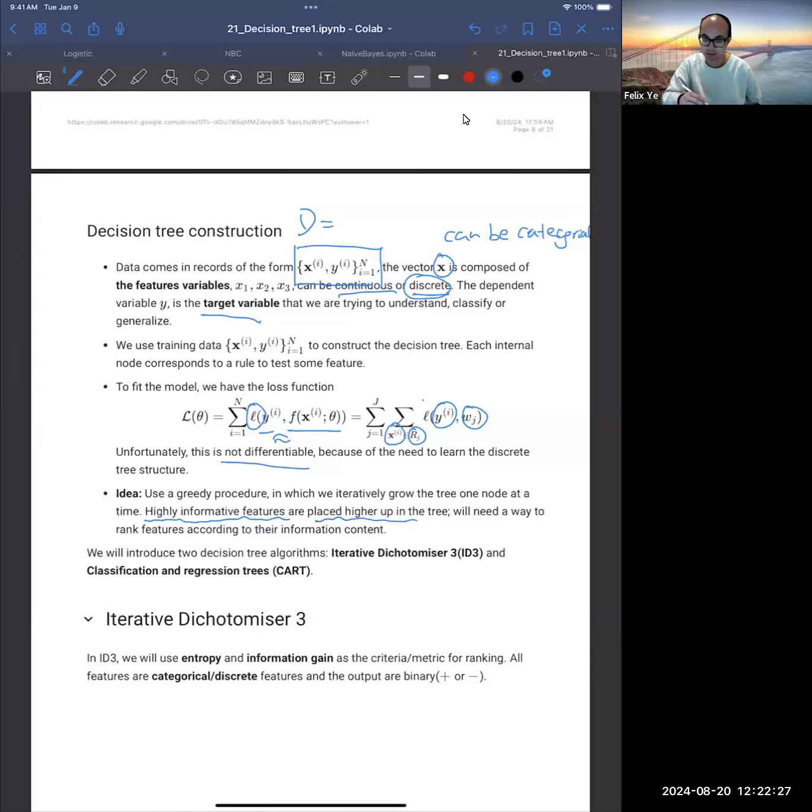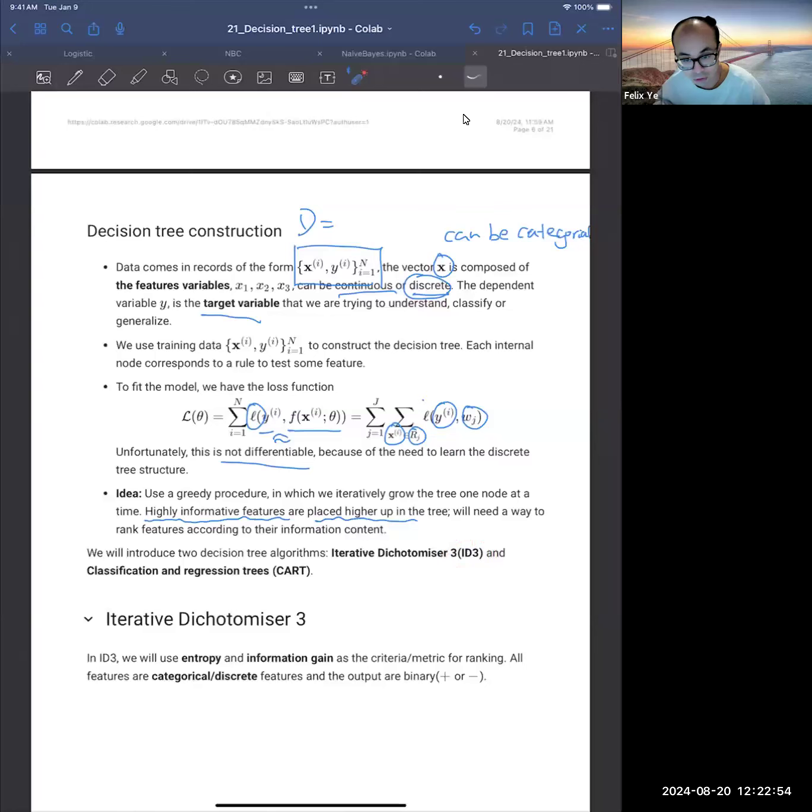If it is less informative, I will put it at the lower levels of the tree. Again, we need to find a way to rank these features. So here are a couple of methods I want to talk about. The first one is called the iterative dichotomizer.